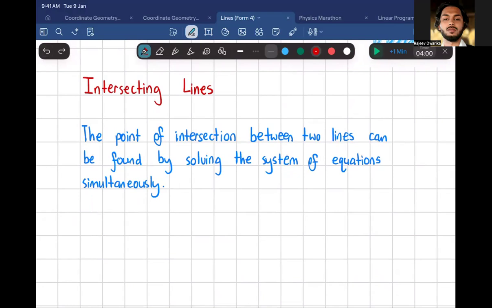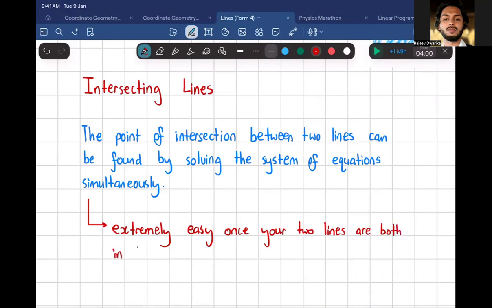Extremely easy once your two lines are both in the form y is equal to mx plus c.